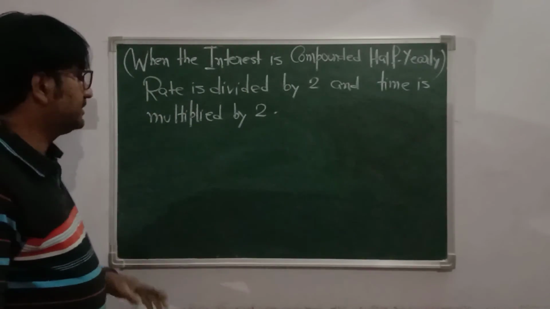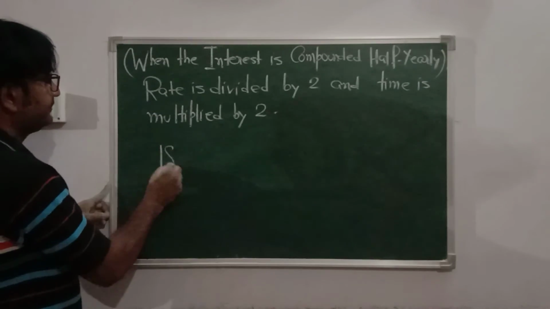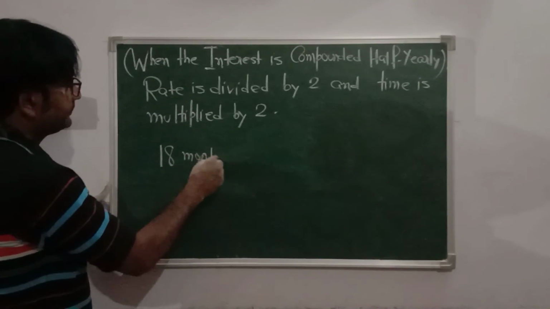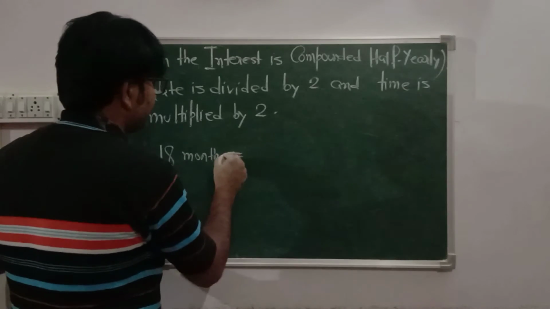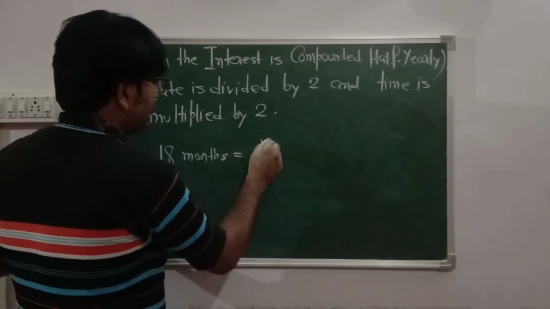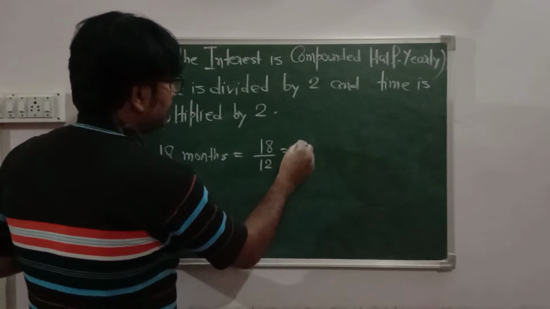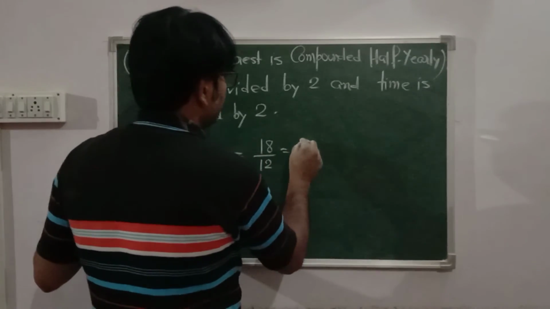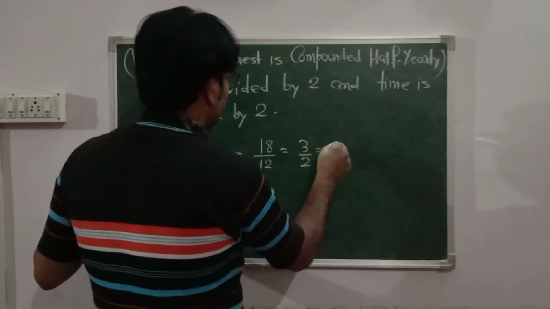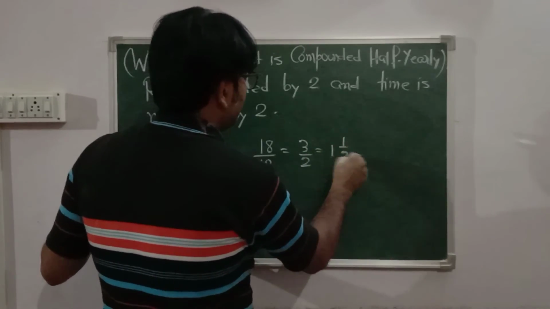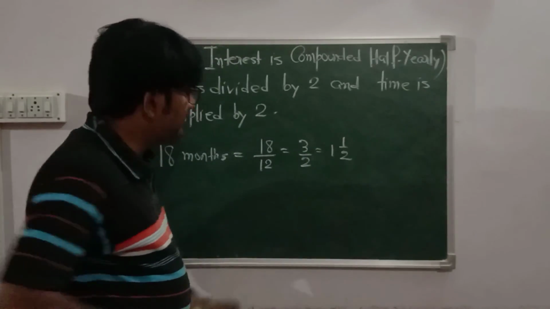So if it is 3 by 2 years, that is 18 months. 18 months is 18 by 12, that is equal to 3 by 2 years.